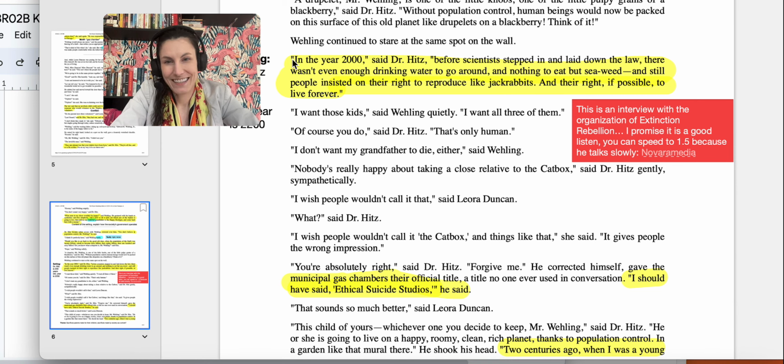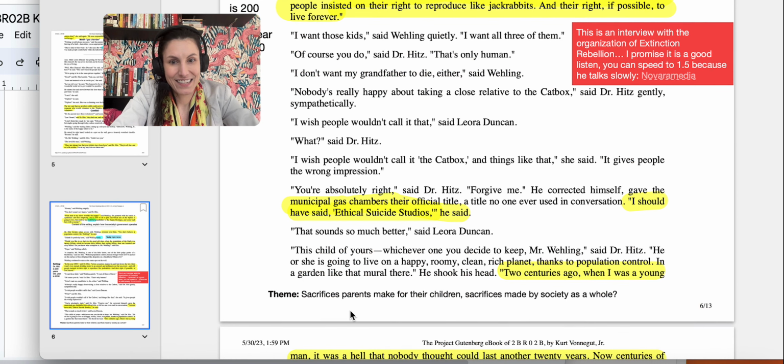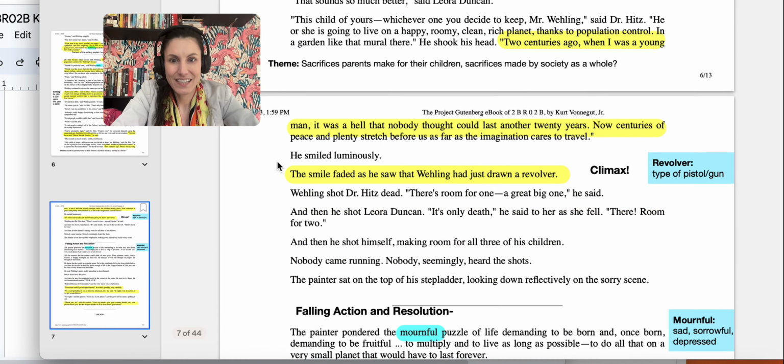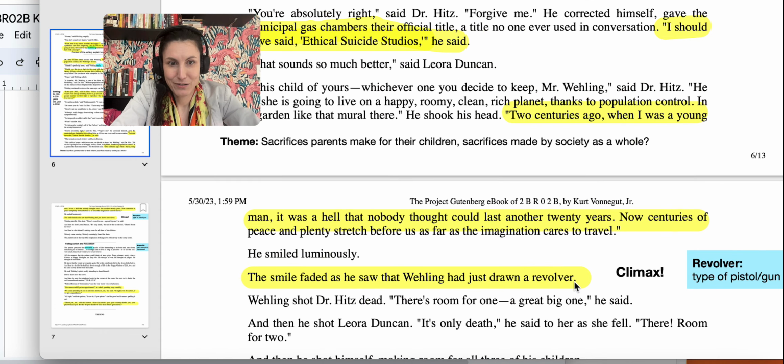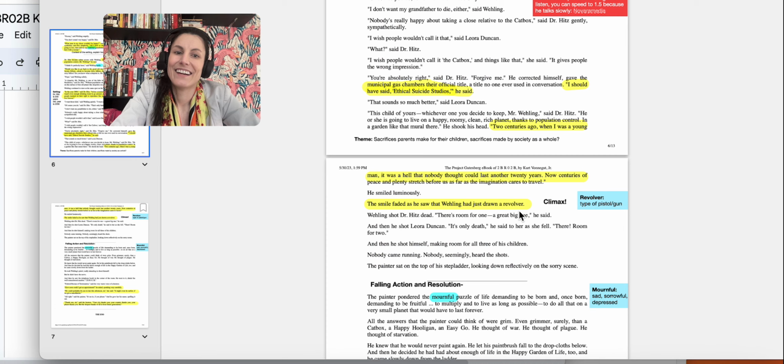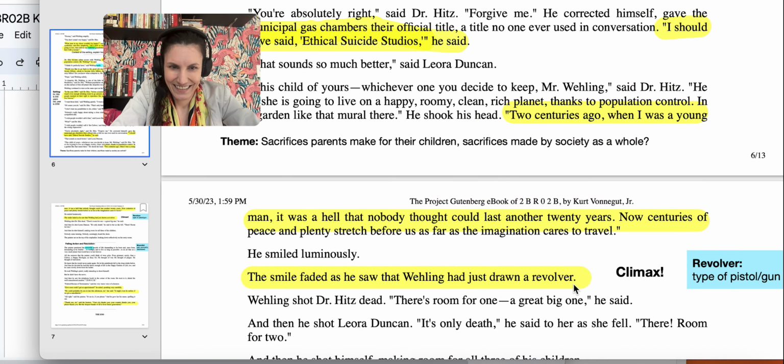This is really the height of your rising action, because we're going to get here the final thoughts from Dr. Hitz before he is killed. Of course, this isn't going to let me highlight this. It never wants me to. All right, I'll figure it out.